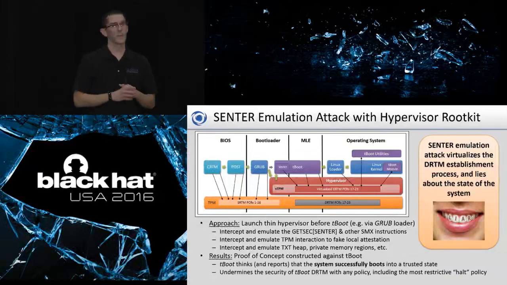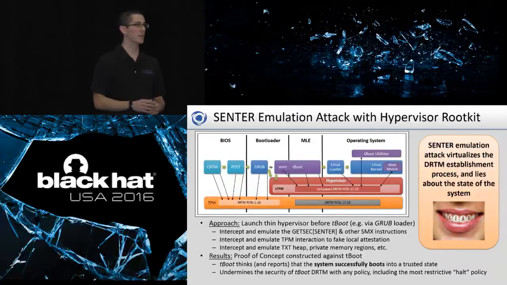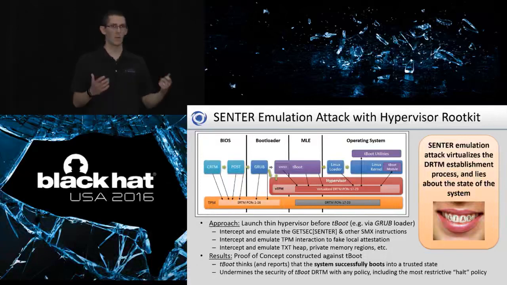All right, so I call it the SENTER emulation attack. We talked about that GETSEC SENTER instruction as being critical for establishing this root of trust. So what we do, coming out of GRUB, instead of loading tboot, is load our own custom hypervisor, like a thin hypervisor rootkit.